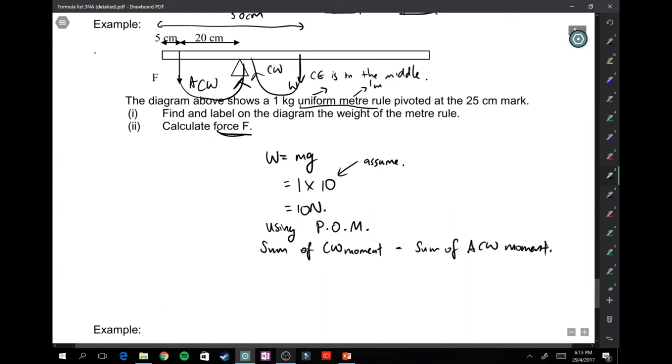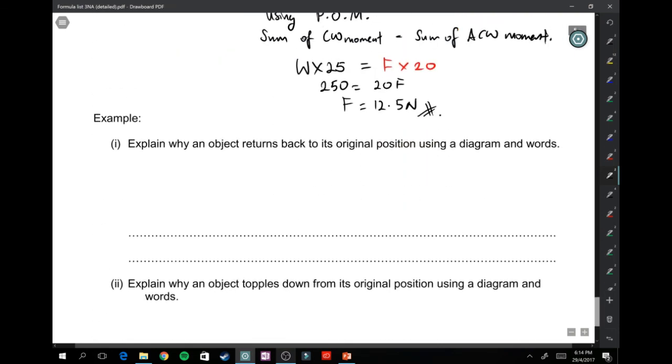Okay, so W is the clockwise one, and in this case, because this is 50 cm, this must be 25 cm. We have W times 25 equals to, let me use a different color, maybe that will be better, equals to F times 20. And then let me work out this. You get 250 equals to 20F, and F will therefore be, I get 12.5 Newton. Alright.